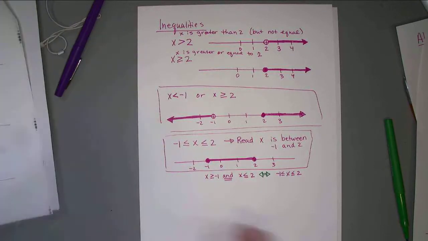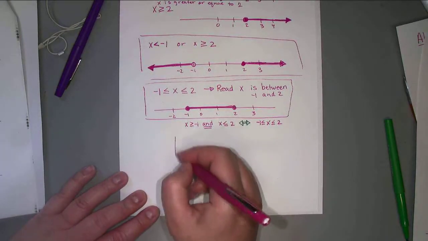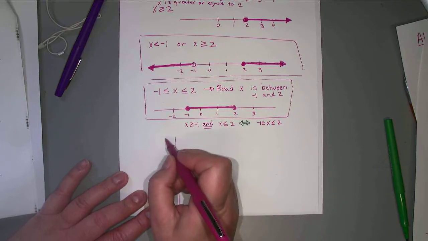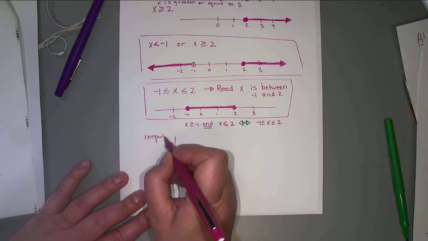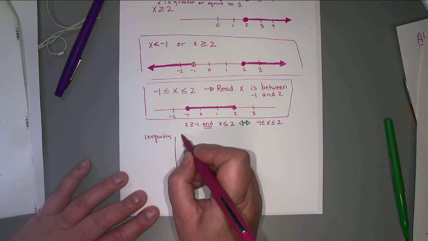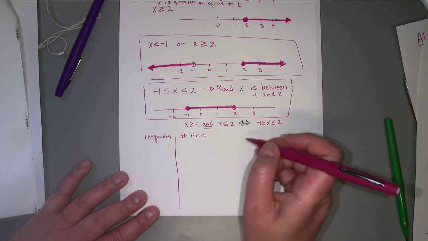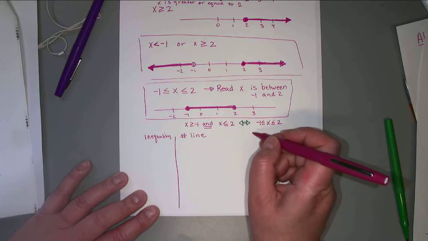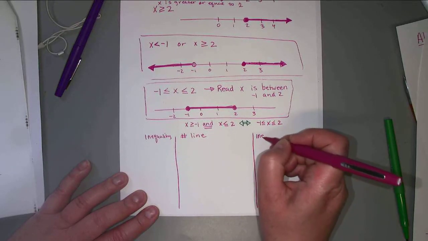Okay, so let's make a little table of some different possibilities. So if I give an inequality, and then the number line, and then on this side we're going to give the inequality again, but in set notation.